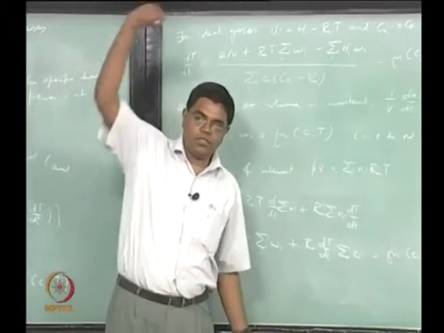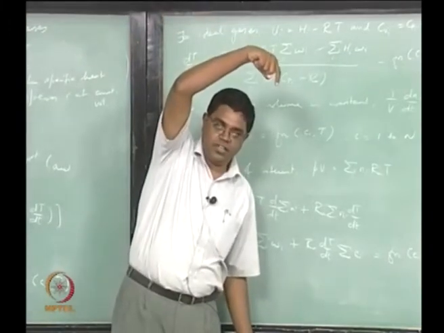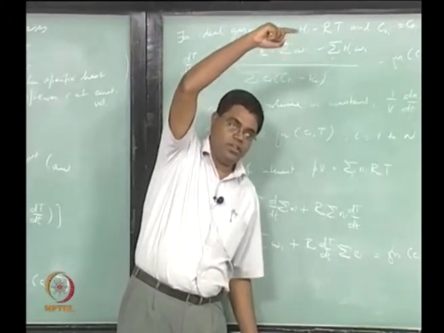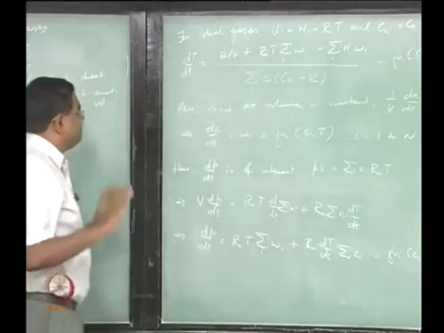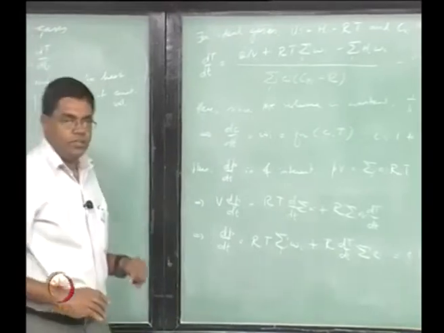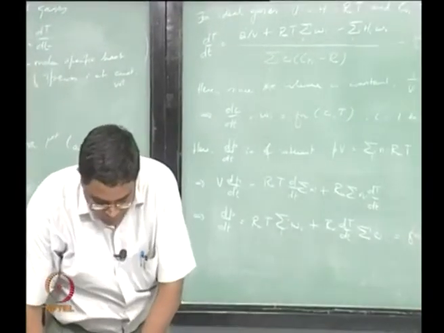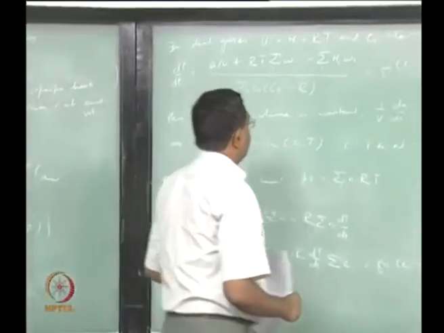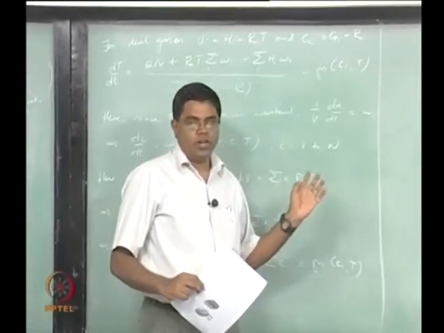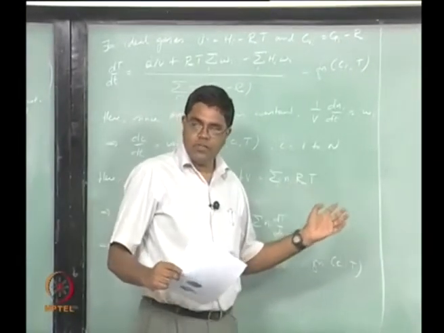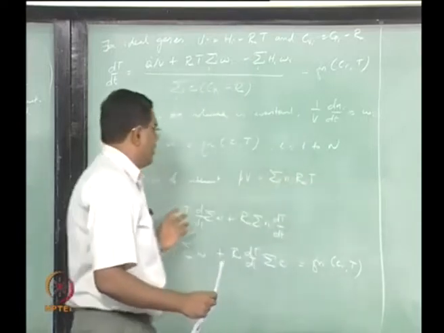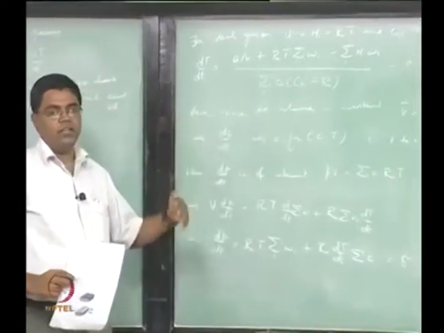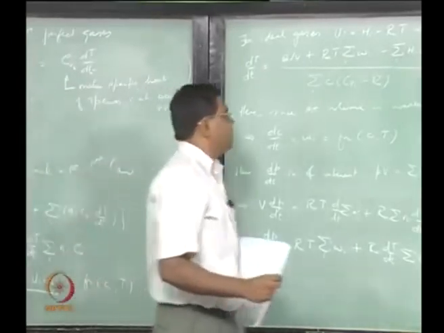You're going to have the temperature sitting on top of a tree like an exponent, e to the minus E over RT. So that's very difficult to handle. There are numerical techniques for these. You have to use stiff equation solvers. There are special numerical techniques that can handle these simultaneous equations.